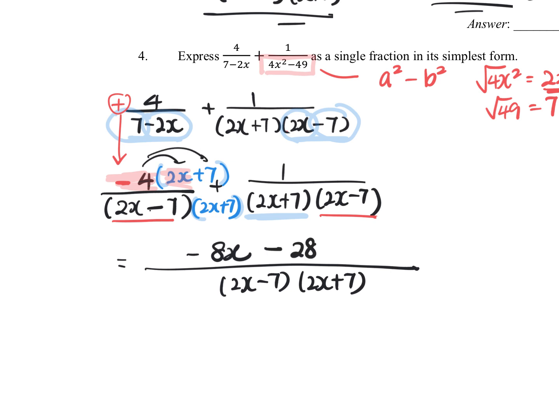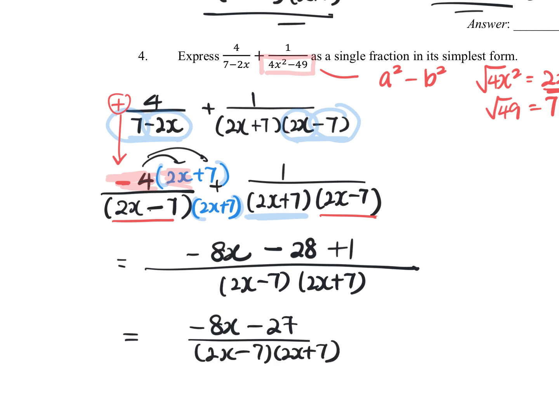Then there's a plus 1 at the back. Let's simplify this, and I'll get my answer, negative 8x minus 27. We always double check: is there anything we can factorize? There's no common factor here, so this one is my answer.